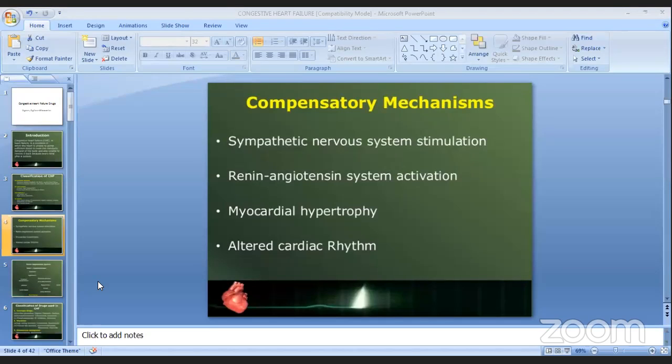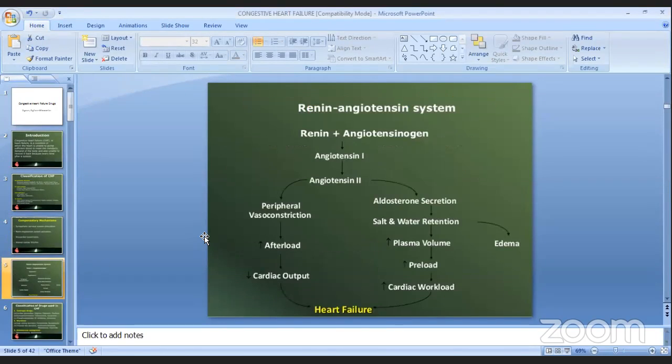The next category is the renin-angiotensin system, that is angiotensin 1 and angiotensin 2. These are among the causes of heart failure.